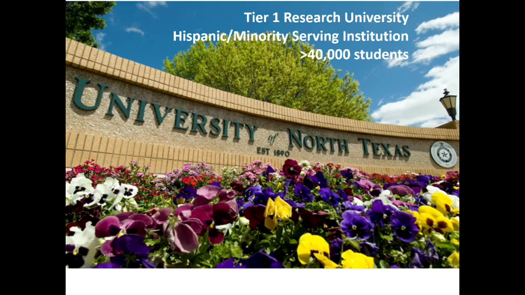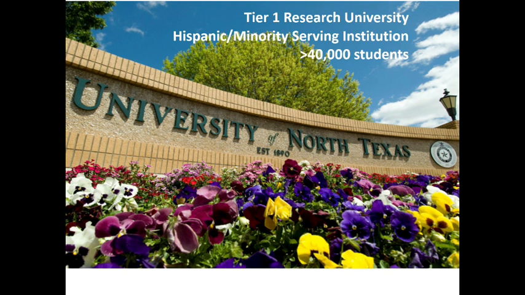So first, before I start my research part, here are a few slides I was given by my department chair that I was requested to present here to introduce a bit about our university, University of North Texas. So UNT is a Tier 1 research university and also a Hispanic minority serving institution.